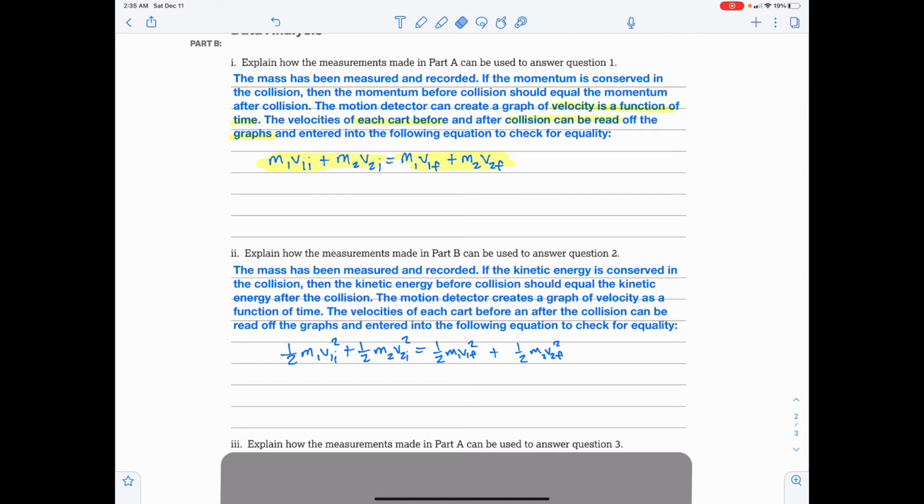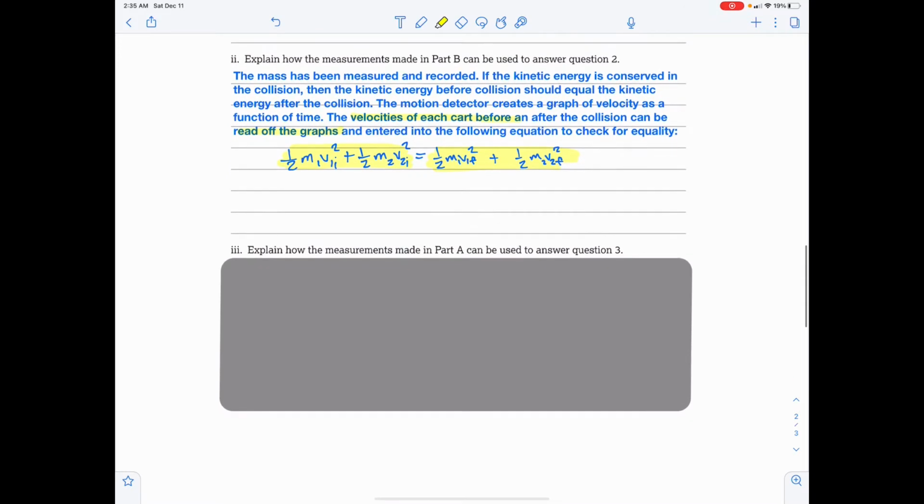The motion detector creates a graph of velocity as a function of time. The velocities can be found from the graph and entered into the following equation to see if the kinetic energy of the carts before collision equals the kinetic energy of the carts after collision.